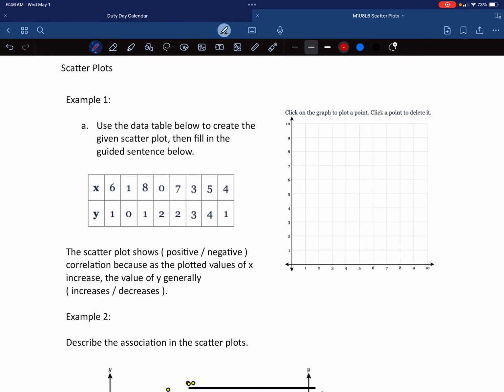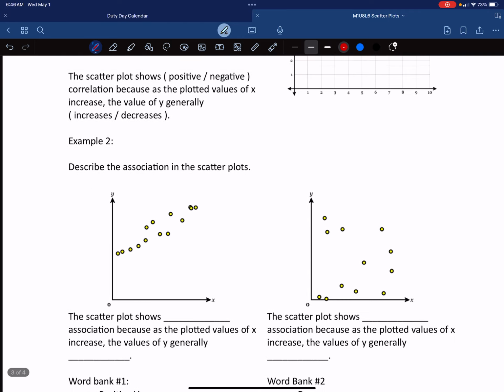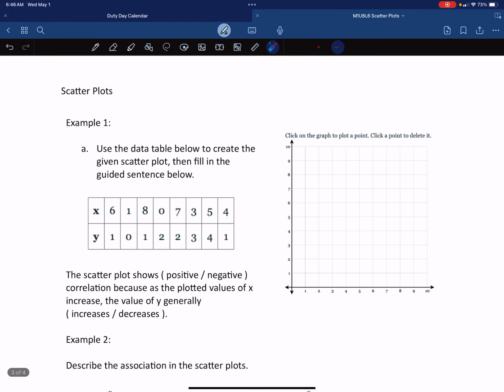Example 1. Use the data table below to create the given scatter plot, then fill in the guided sentence below. All right, so we're just going to graph these points, okay? Each of these points, go ahead and graph them. So we have the point 6, 1. On my x-axis, I'm going to the right 6 and up 1. So there's the point.